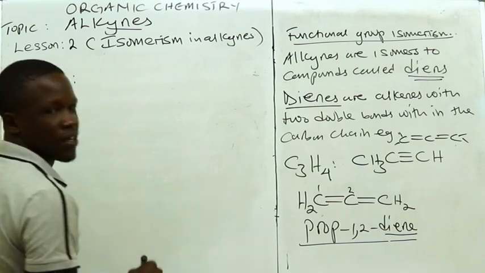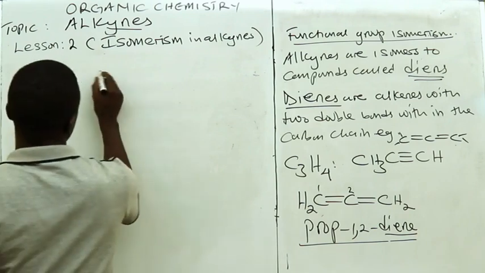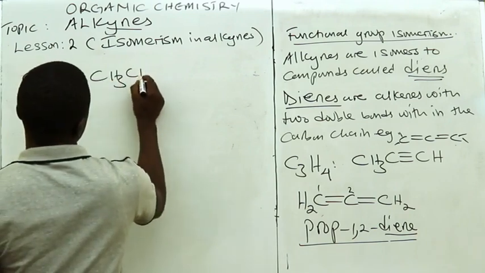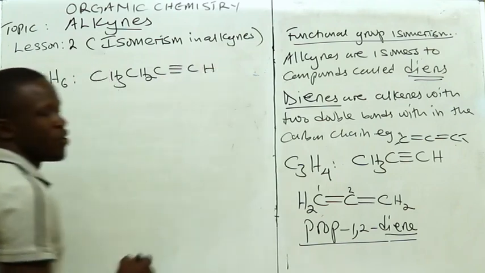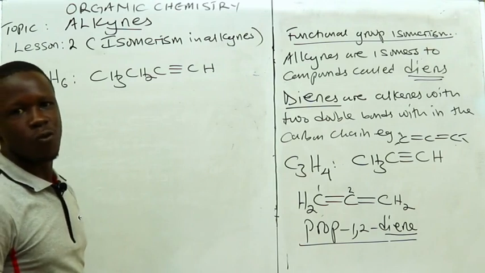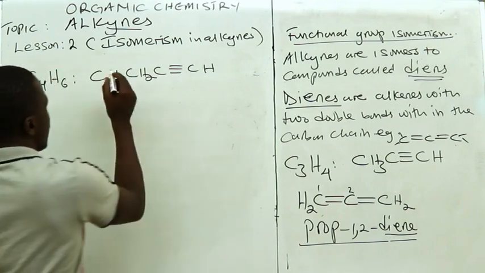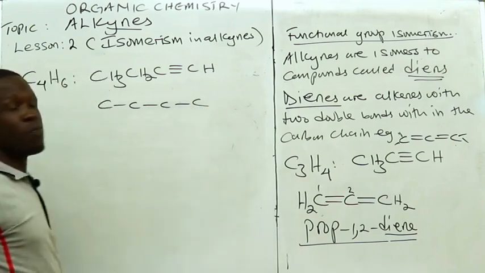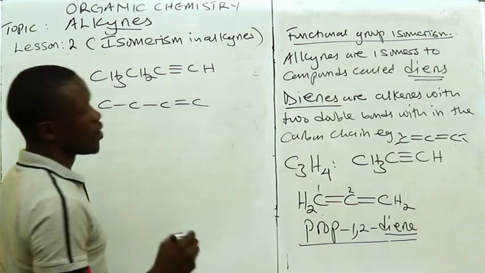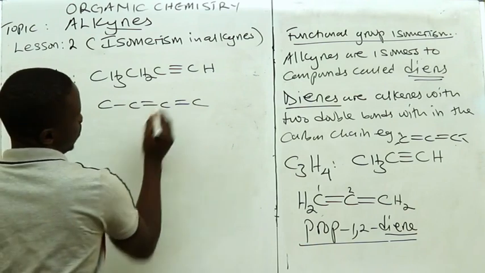Another example that we can get of functional group isomerism, we can have C4H6. This is an alkyne. So we have CH3, CH2, C triple bond CH. 4 carbon atoms. We can create a diene here. If we imagine there is a possibility that I can have a double bond here, and I can have another one here.